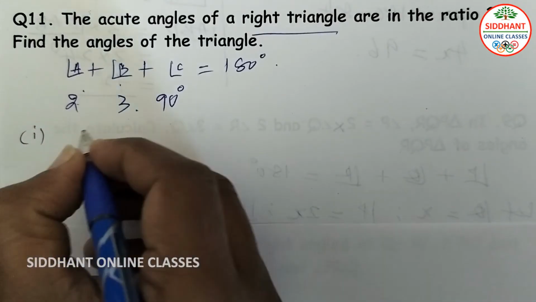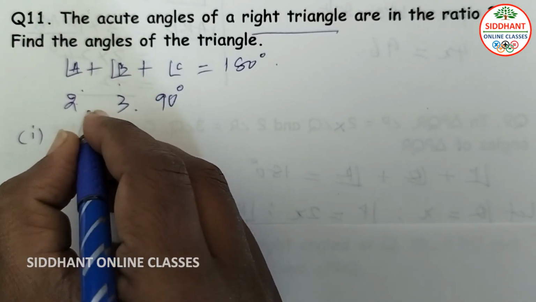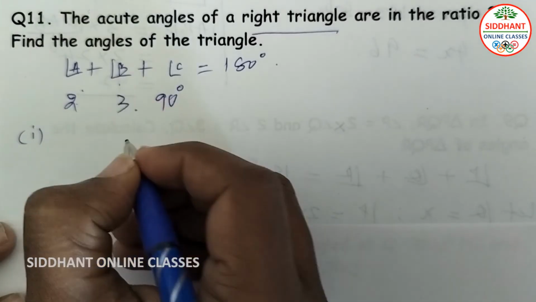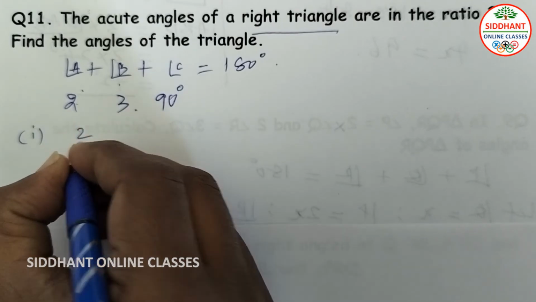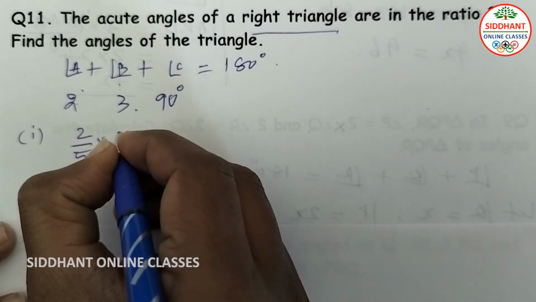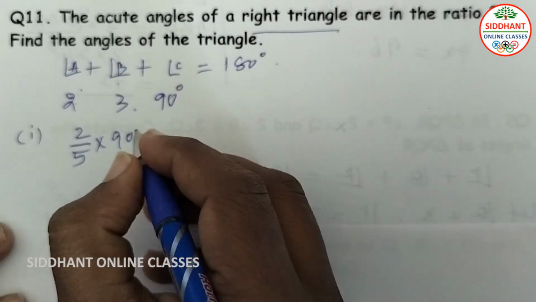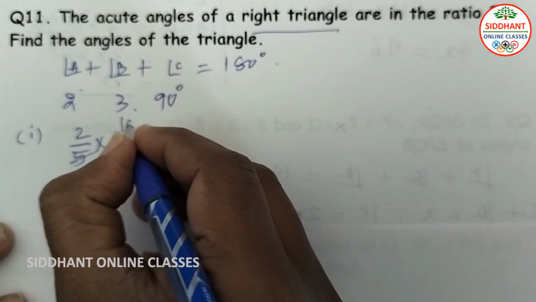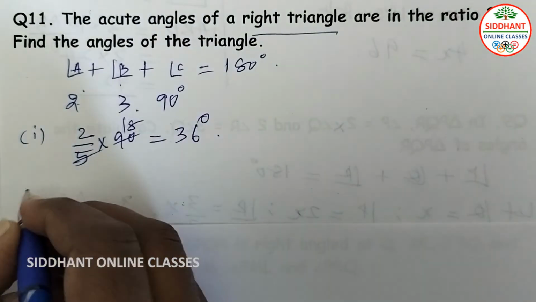So the sum of the angles is 90 degrees, and now 2 plus 3, that will be 5 here. So 2 by 5 of the sum 90, that equals 18 into 2, that is 36.